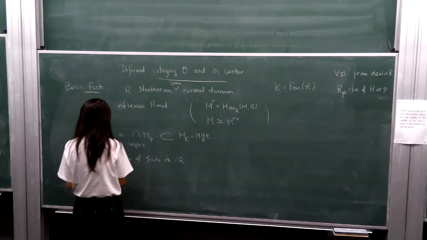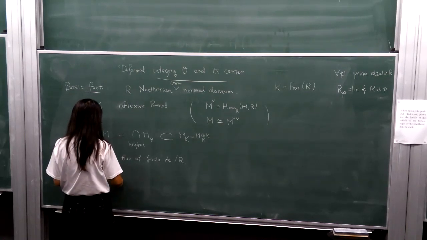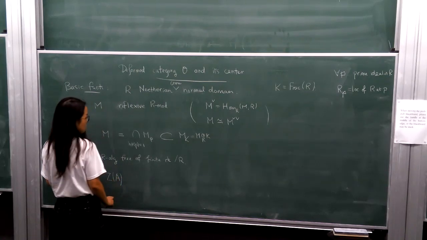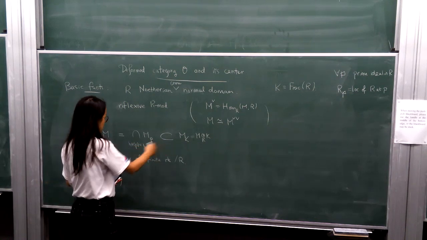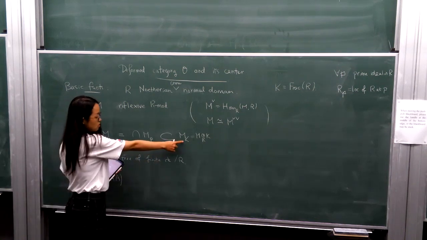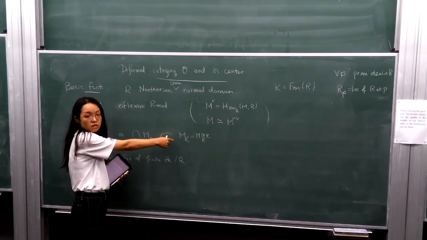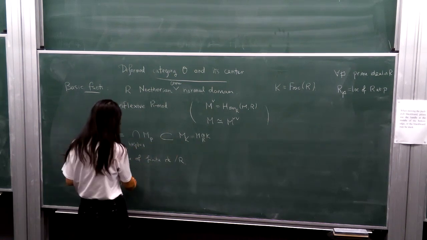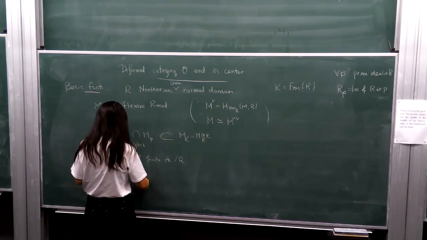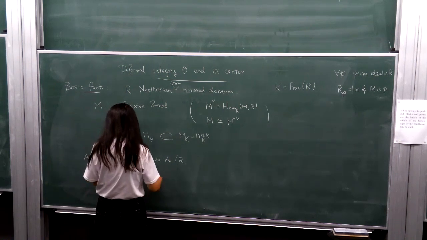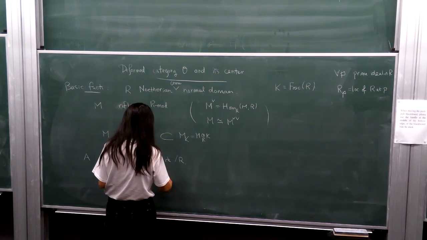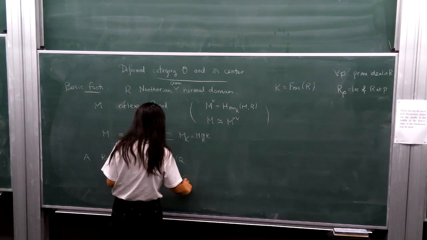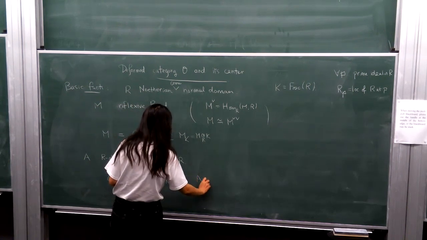And now you notice that the center of A is just elements in A which commute with all the elements in A_K. So this is the same as A intersected with the center of A_K inside A_K.